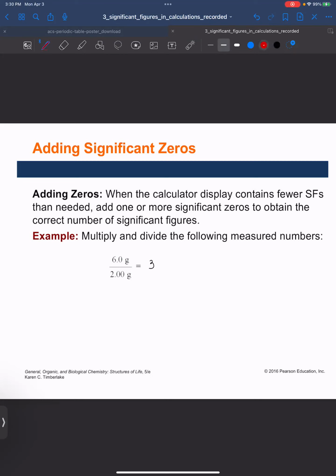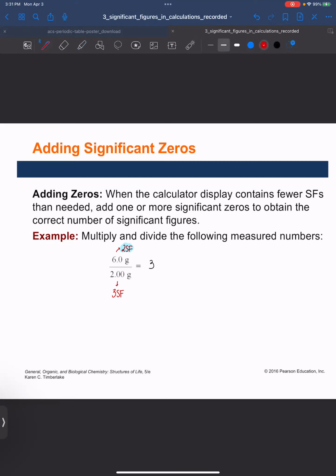And that's not indicating the correct number of significant figures. Because how many significant figures are in 6.0? 2 significant figures. And what about the measurement 2.00 grams? 3 significant figures. So our final answer needs to be in how many significant figures? Good, 2.